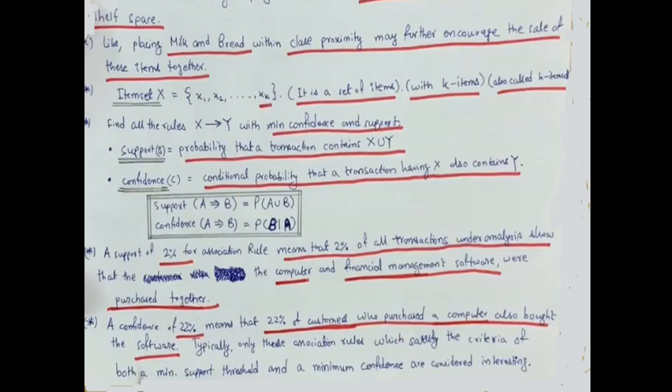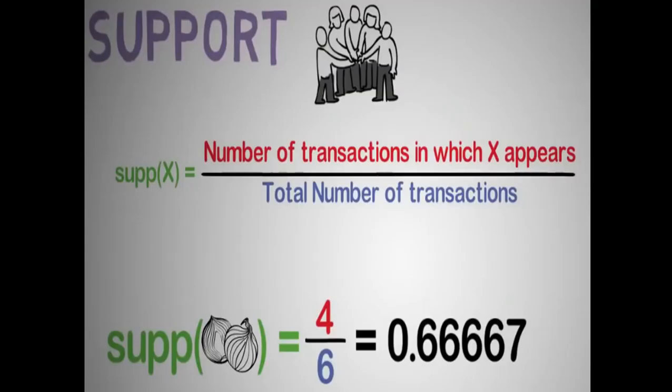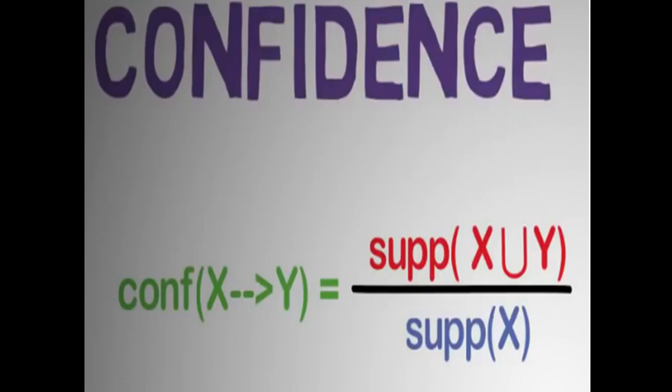Confidence is a conditional probability that a transaction having X also contains Y. These are the basic definitions, and this is the formula used to calculate the support: the number of transactions in which that particular item appears, to the total number of transactions. Confidence is calculated in a similar way.